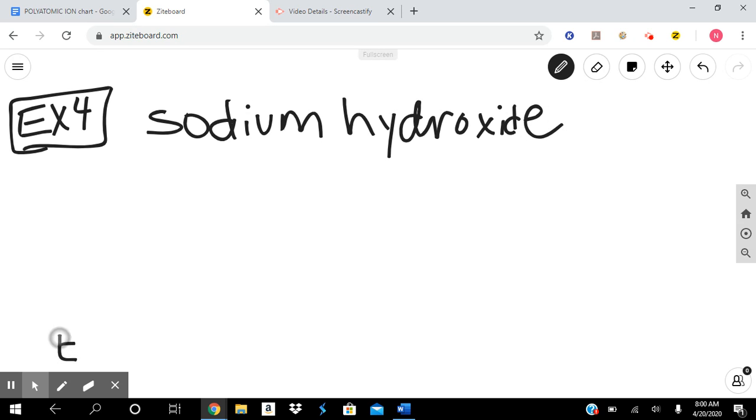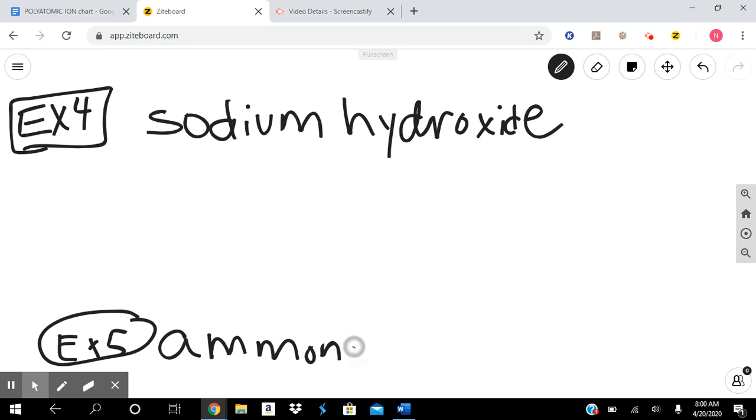And let's do ammonium bromide. I want you to pause this video and at least try and find the ions. You don't have to solve the whole thing. Just try and find the ions and write them down. Pause it and attempt number 4.